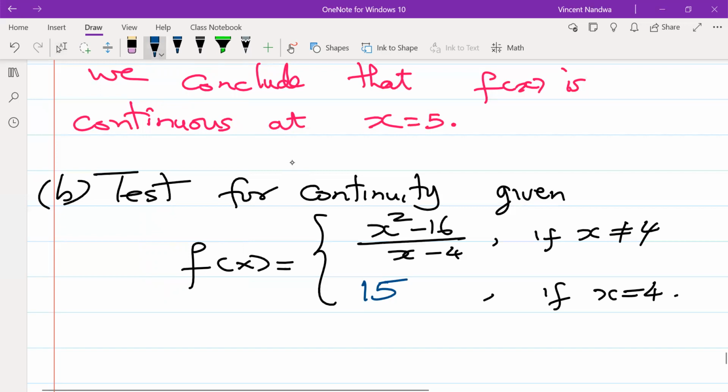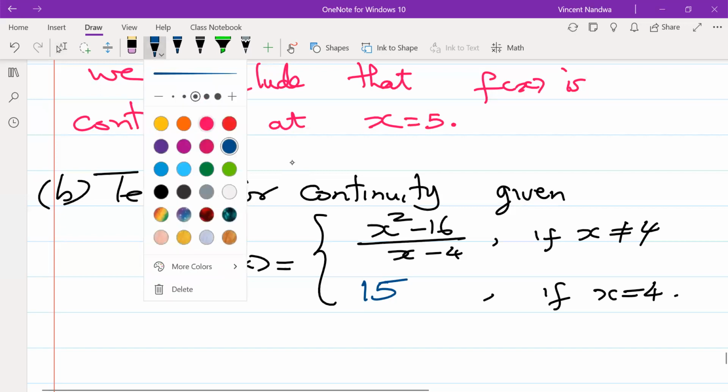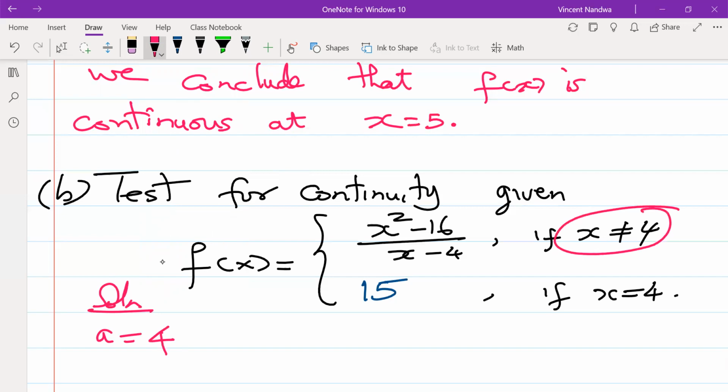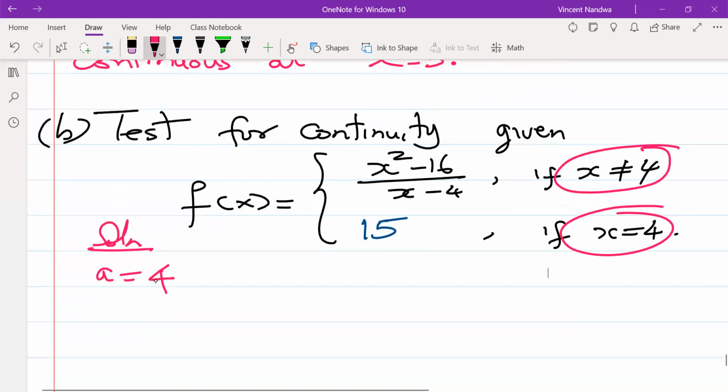So what is our a in this case? a is 4. The test point is 4, so 4 is the reference point. Is it true that f at 4 is defined? Whose value is 15.